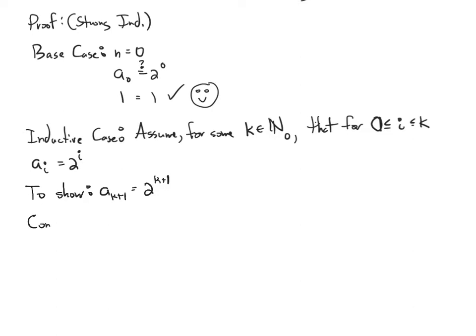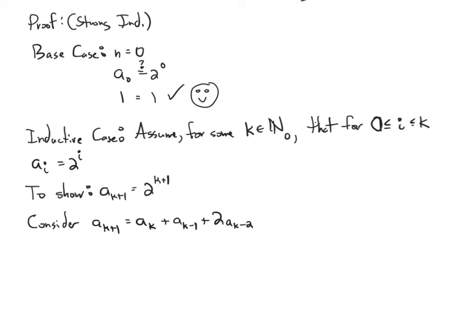So let's consider a_(k+1). And remember, we had a formula that recursively defined what this (k+1)th term was. It was the term before it plus the term before that plus 2 copies, 3 terms before it. So we have the (k+1)th term is the sum of the kth term, the (k-1)th term, and 2 times the (k-2)th term.